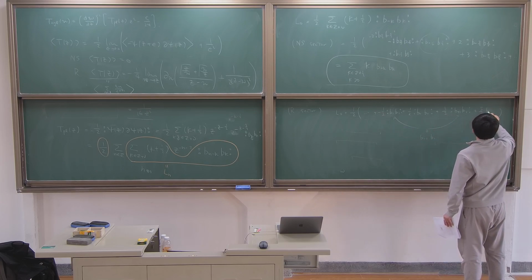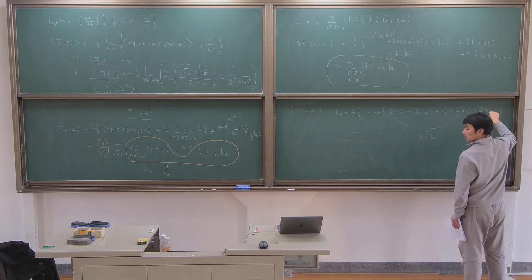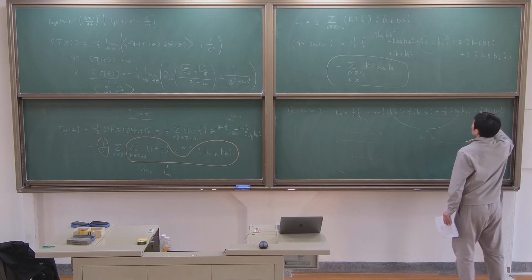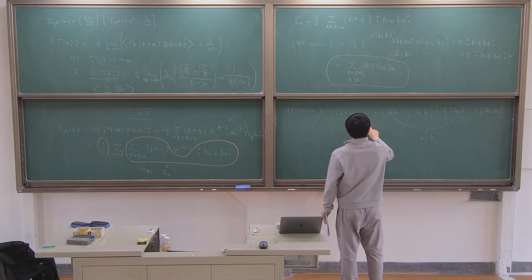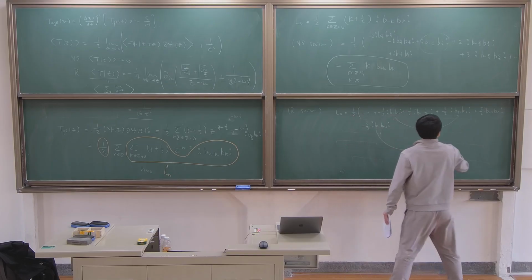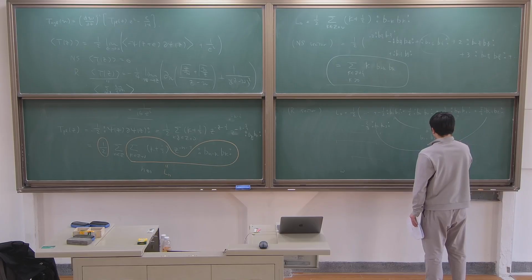B what was that? Minus 2, V2. So here you have minus 3 half V2, V minus 2. If you change the order, if you just combine them, you get the 2, V minus 2, V2.